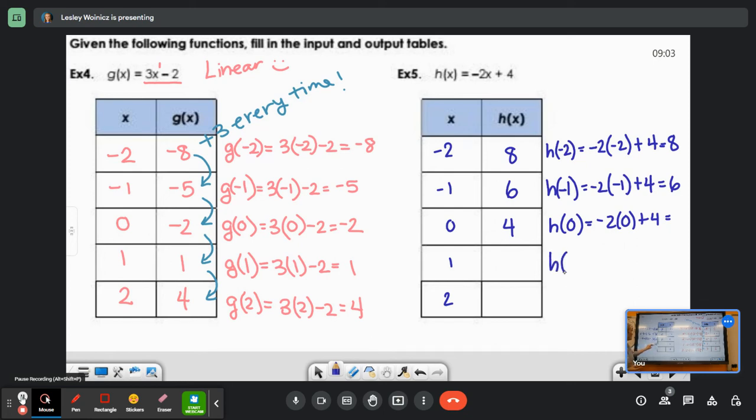So h of 1, what do you want to bet that it's positive 2? And h of 2, the output for 2 is going to be 0.